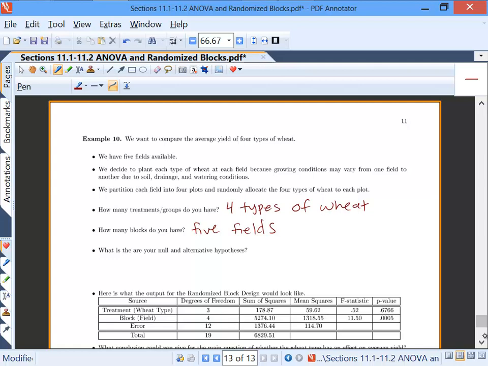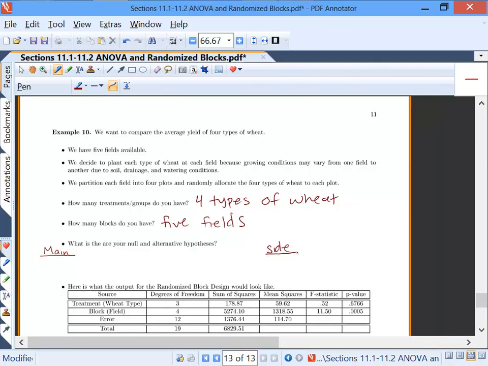Now I've asked you here, what are your null and alternative hypotheses? Technically you can have 2 different sets. You have the main question of interest, and then you can also have your side question of interest. What would be the main set of hypotheses that you really want to test? The types of wheat.